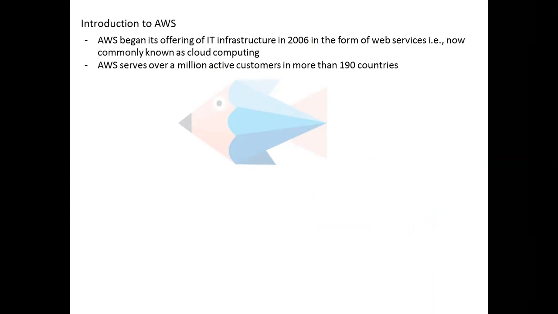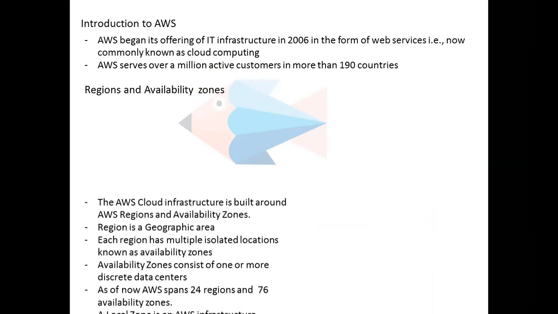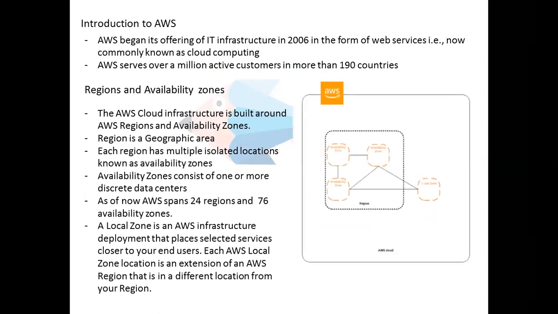Now, in order to jump into the AWS services directly, we need to understand a few terms, which are region and availability zones. So this is very basic. AWS cloud infrastructure is built around regions and availability zones.